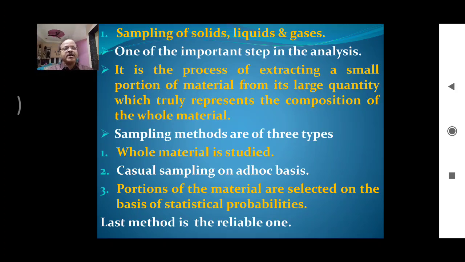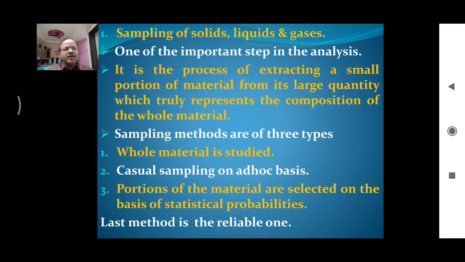of that material. So what is this sampling? It is the process of extracting a small portion of material from its large quantity, which truly represents the composition of the whole material. The sampling should be done in such a way that there should not be any discrepancy or variation.